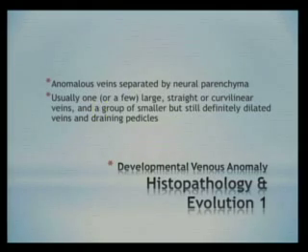Developmental venous anomalies, or nowadays venous anomalies, previously called venous angiomas, are anomalous veins separated by neural parenchyma. This is important. So there is normal brain tissue in between. In between what? Well, there is a large vein and smaller draining pedicles.